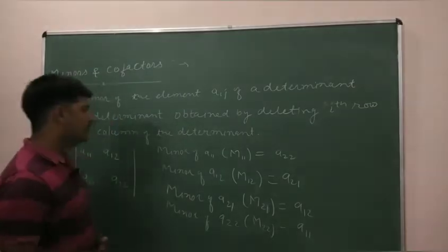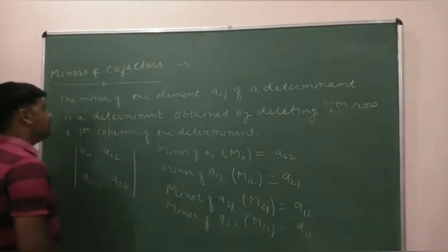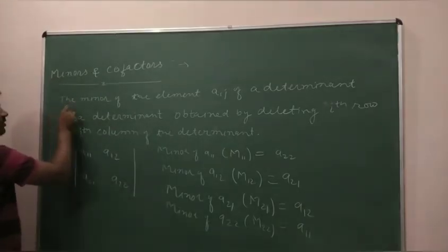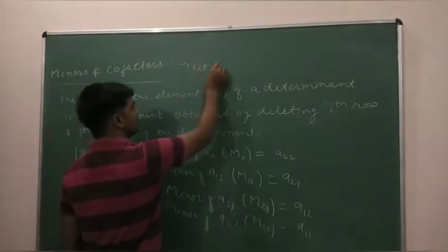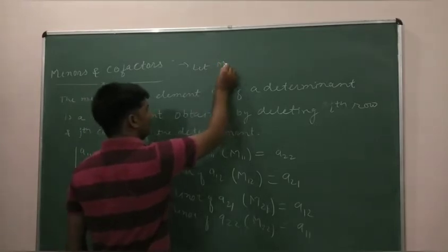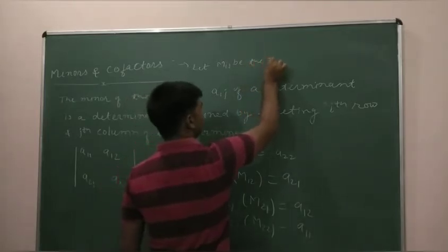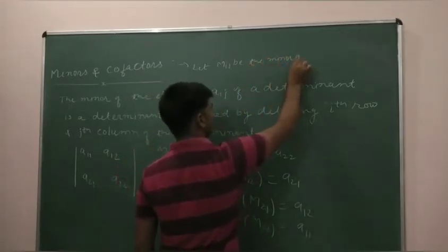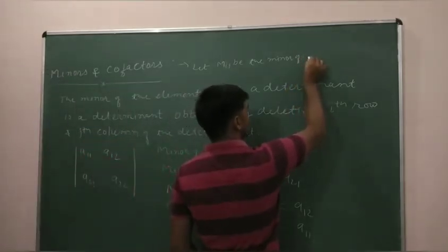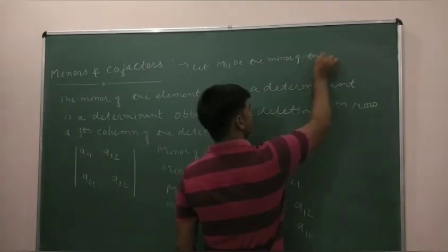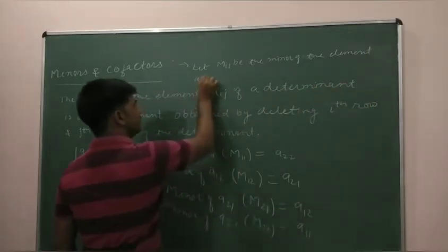Students, now here I can talk about the cofactors. Let Mij be the minor of the element Aij of a determinant.